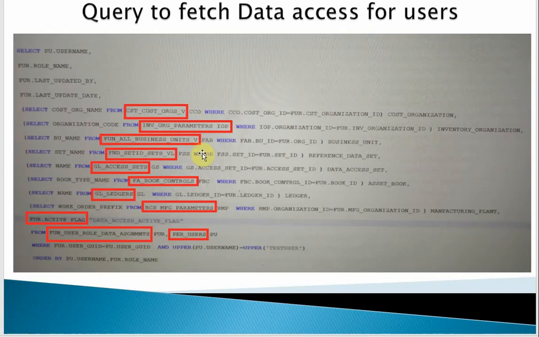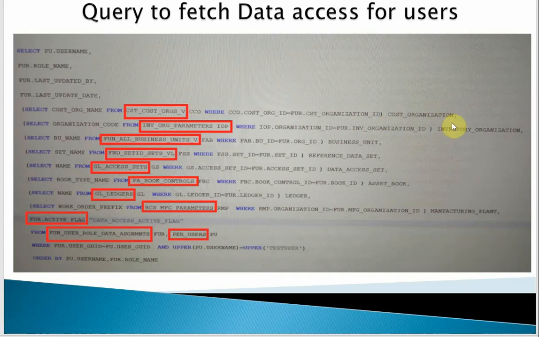Here I have a sample query which can be used for reference. If you can see, I have queried the master table, the FUN_USER_ROLE_DATA_ASSIGNMENTS table, and also the PER_USERS table.